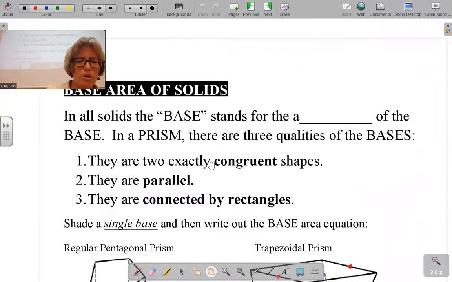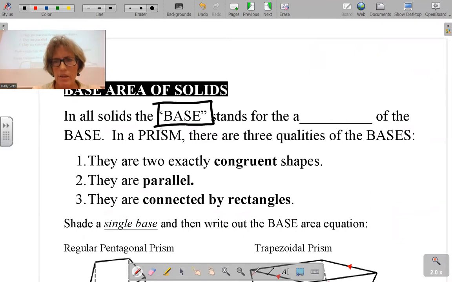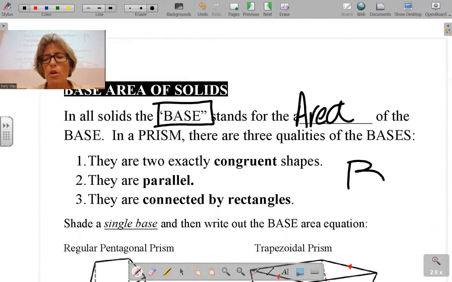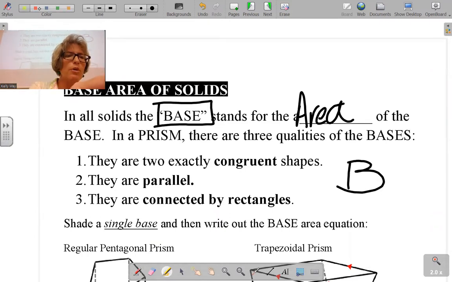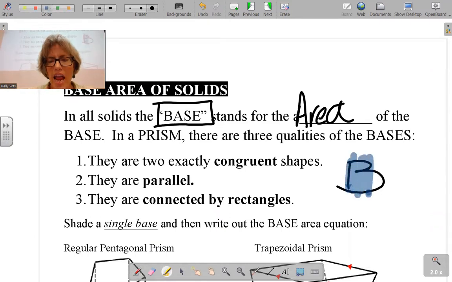And volume is the amount of stuff inside a solid. So in all these equations, the word base stands for the area of the base. I'm going to be very specific. We use a capital B for that. A capital B means area of the base. Super important you understand that.